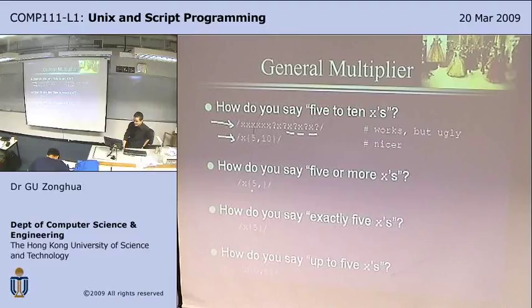So if you omit the second argument, this says 5 or more X's, no upper bound. If you omit the comma, this says exactly 5 X's. If you say 0 to 5, you say X, curly braces 0, comma, 5, so 0 to 5 X's.